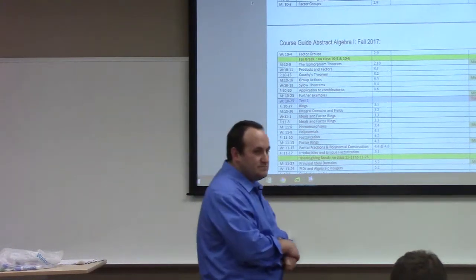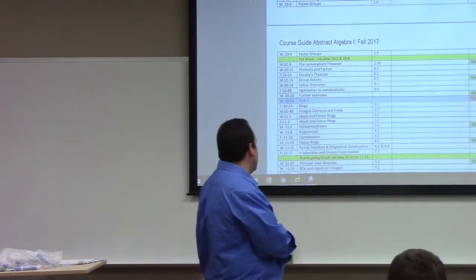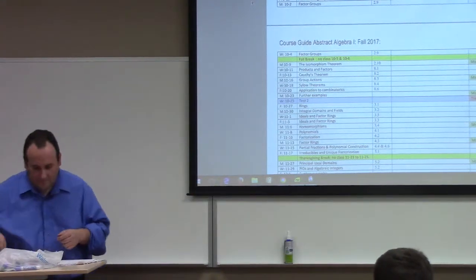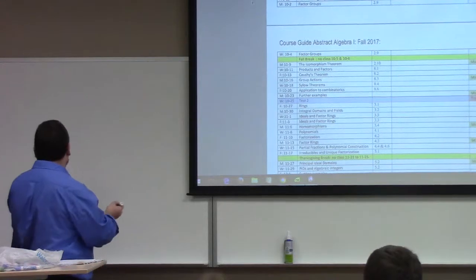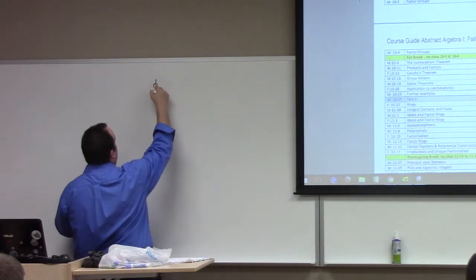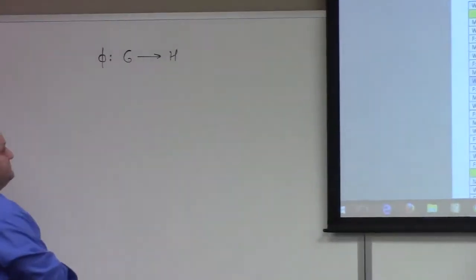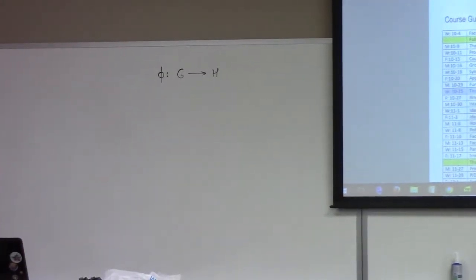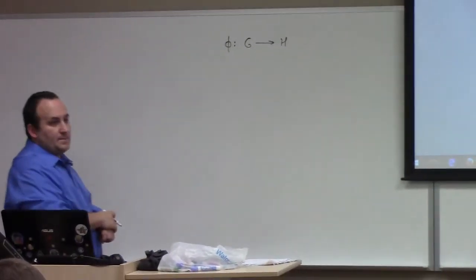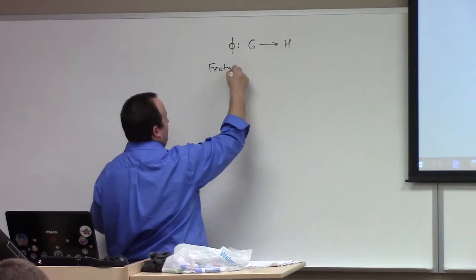Yes? Well, we had some in the homework. I don't think I'll do that, but what I will do is give you some guidelines. If phi is a homomorphism from G to H, what are some general rules that we can use to locate all the possible homomorphisms? What are features that we expect?